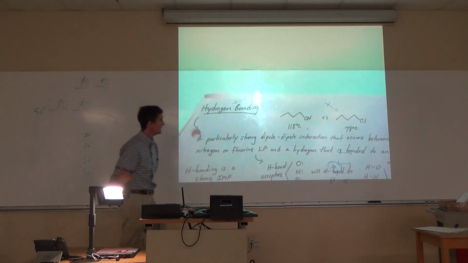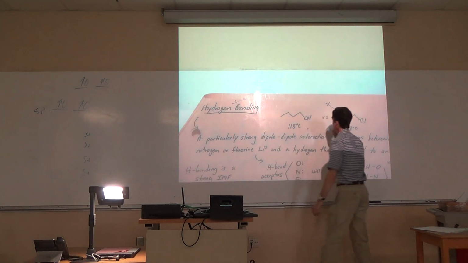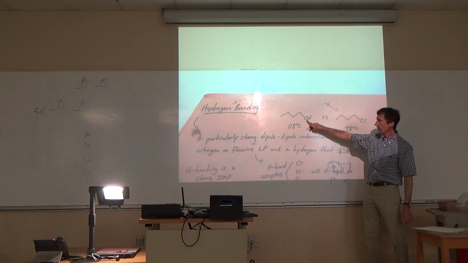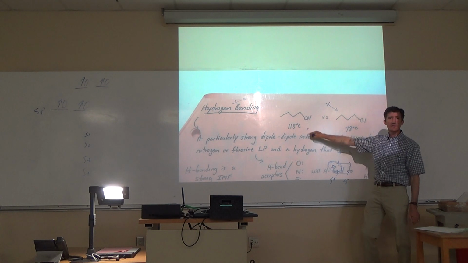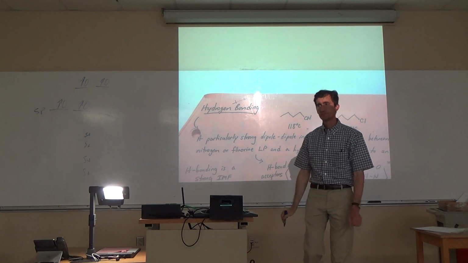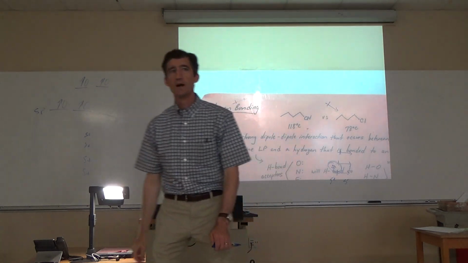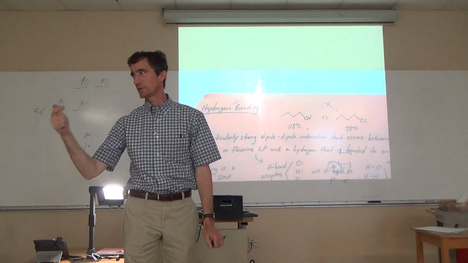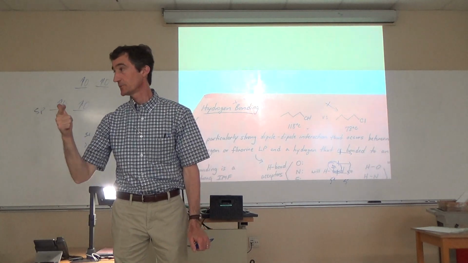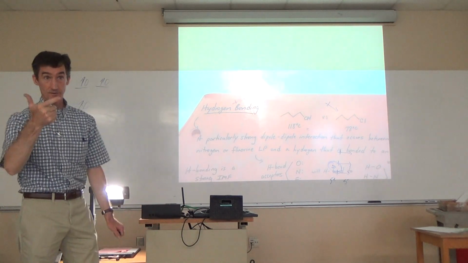When you look at these molecules, you have to ask yourself, can this compound hydrogen bond to itself? What do you need to hydrogen bond? Oxygen, nitrogen. You need an acceptor and a donor. That's the terminology. You need an acceptor and a donor, right?